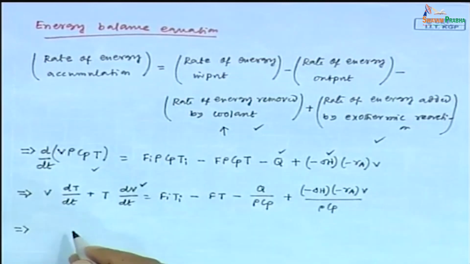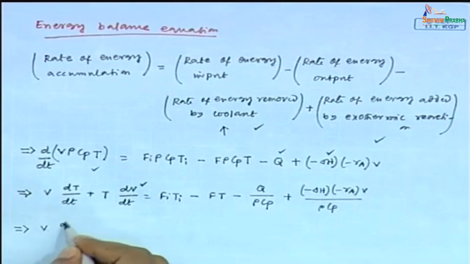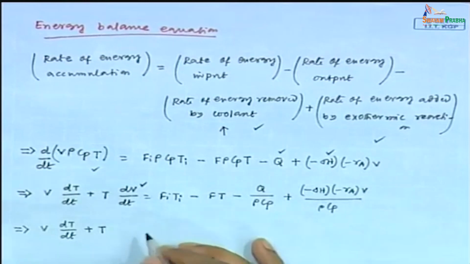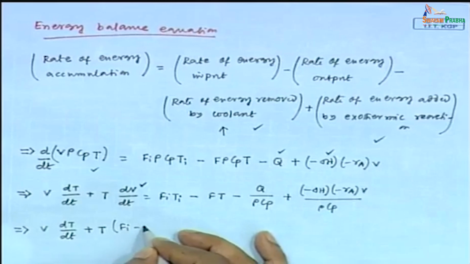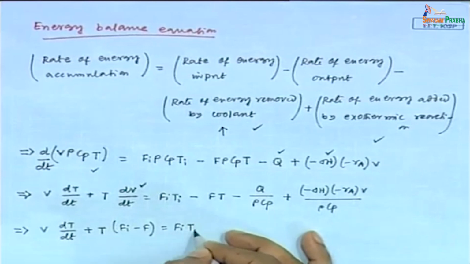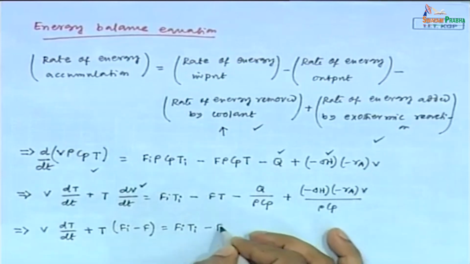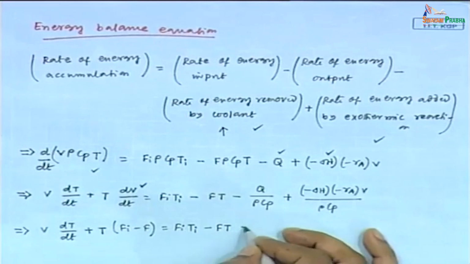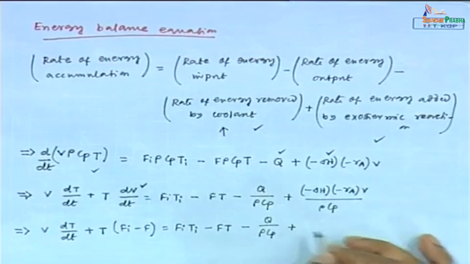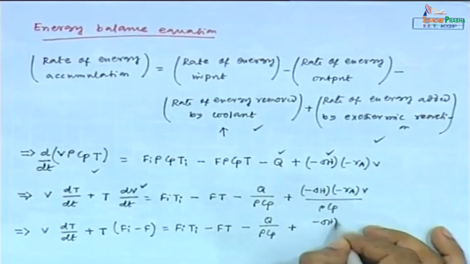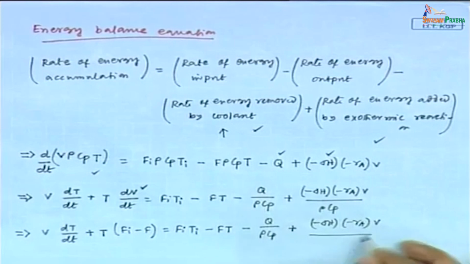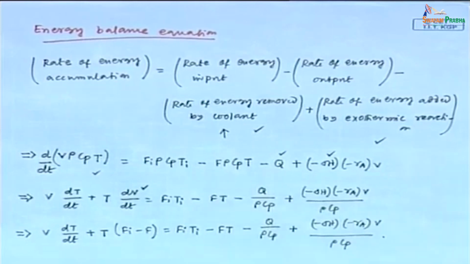If we substitute dV/dt, then we can write it this way: T multiplied by (Fi minus F) equals Fi Ti minus FT, minus Q divided by rho Cp, plus minus del H minus Ra into V, divided by rho Cp.